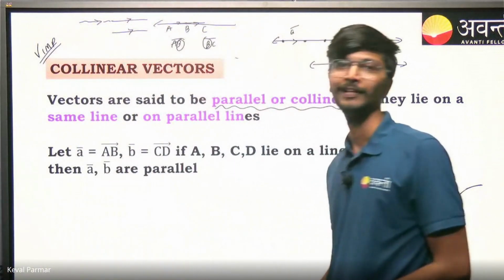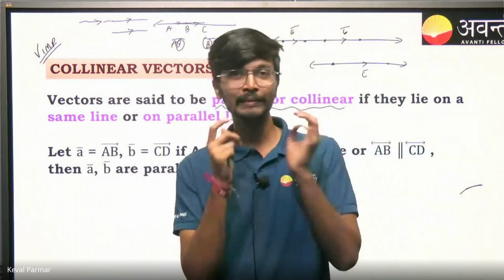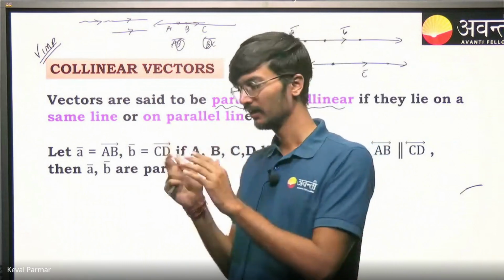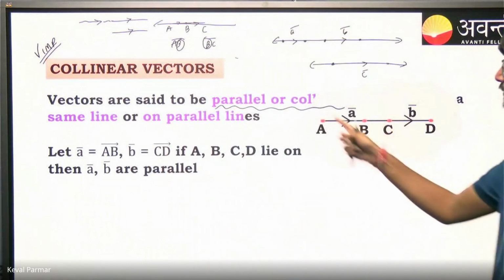Okay, super. So where we were, we can prove three points collinear by using collinear vectors. Let's see the same diagram I showed.